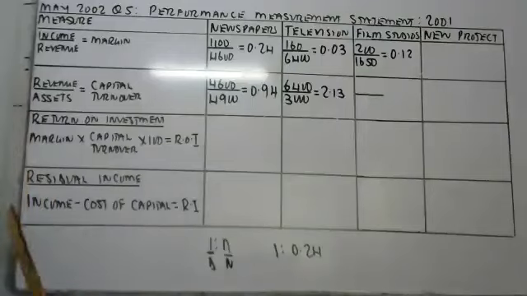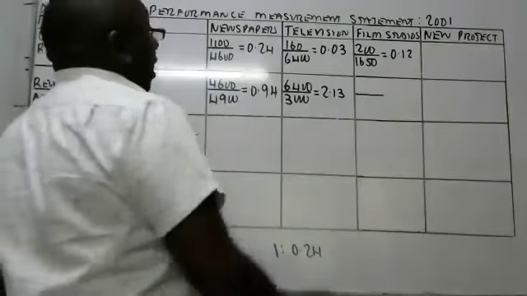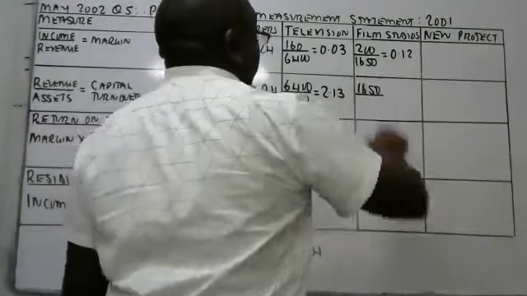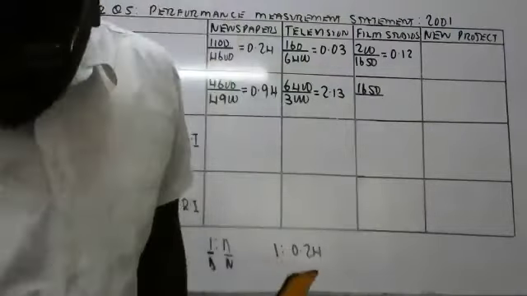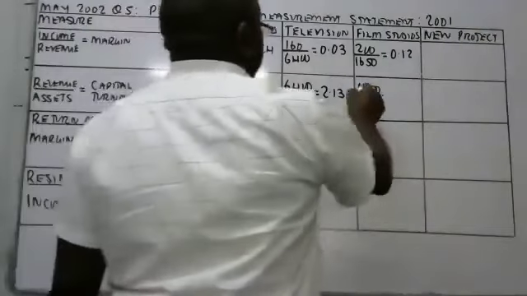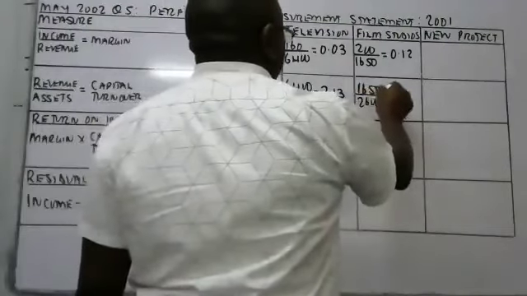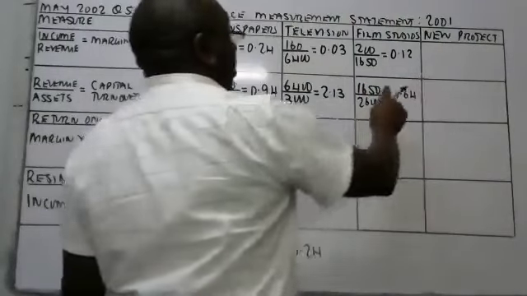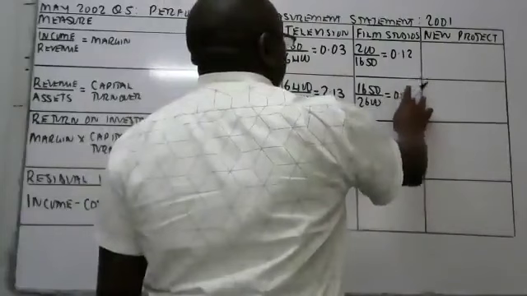Yes, Lydia, I can see your answer. This other one, the revenue is 1,650 and the asset base is 2,600. That gives 0.64, or 0.63.